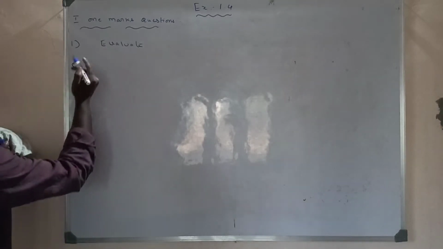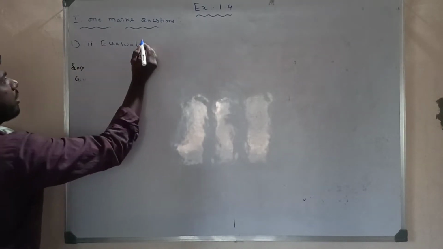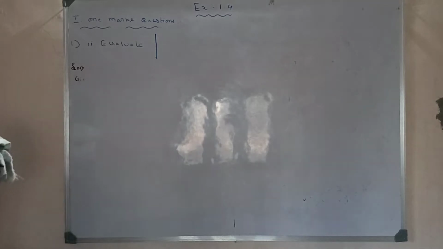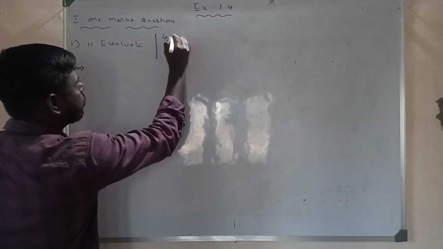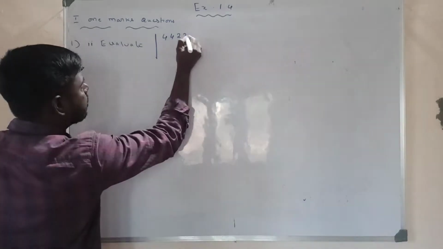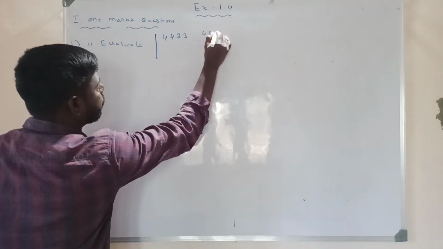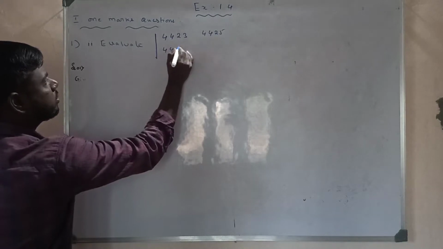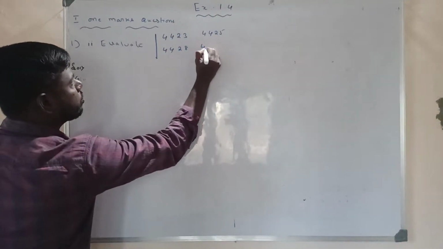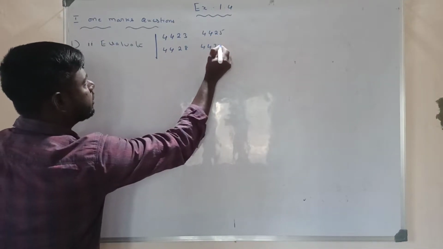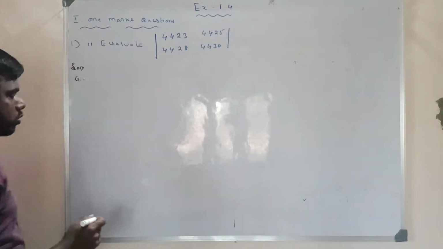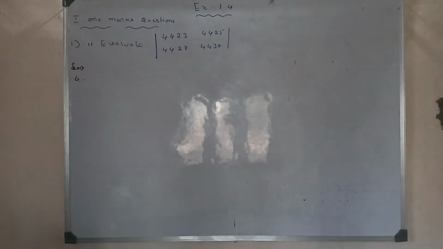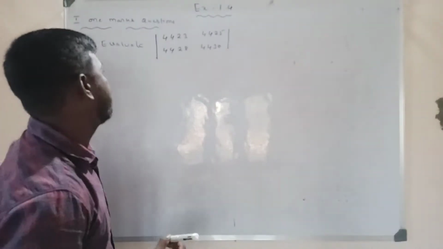The second question is: evaluate the determinant 4423, 4425, 4428, 4430. In this question also we should apply row operation or column operation.